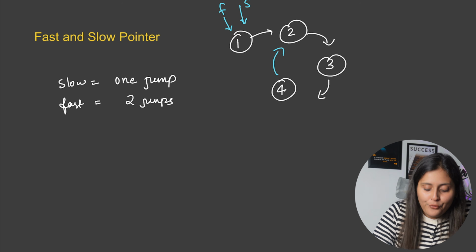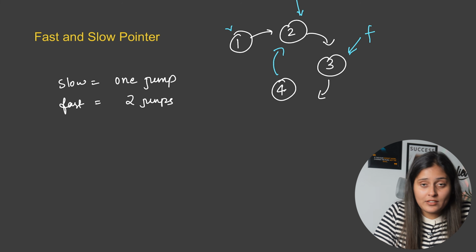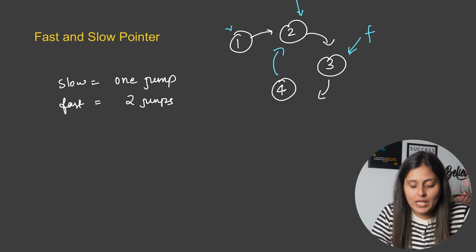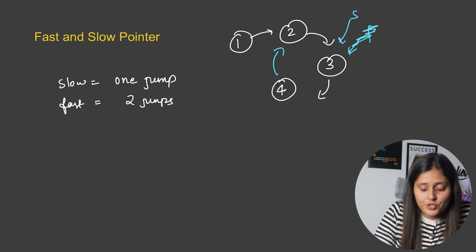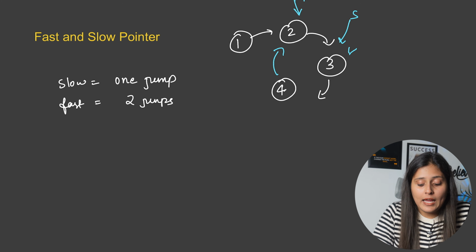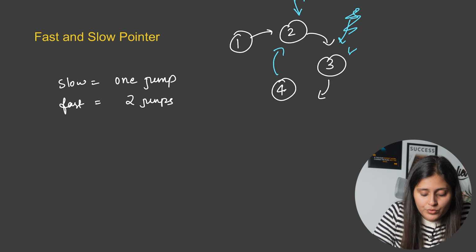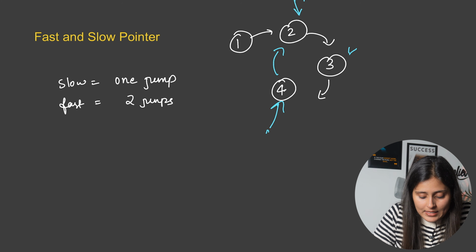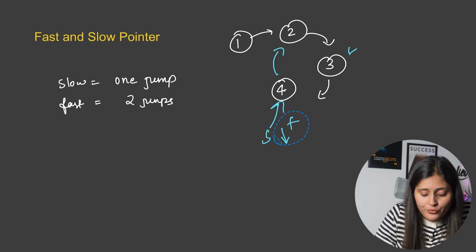Let's see. After 1 second, slow will be pointing to 2 and fast will be at 3 because it is taking 2 jumps. After 1 more second, slow will be pointing to 3 and fast will point to 2 again because it is taking 2 jumps. Now at the end of the 3rd second, slow will be pointing to 4, and fast will again take 2 jumps and come back to 4.